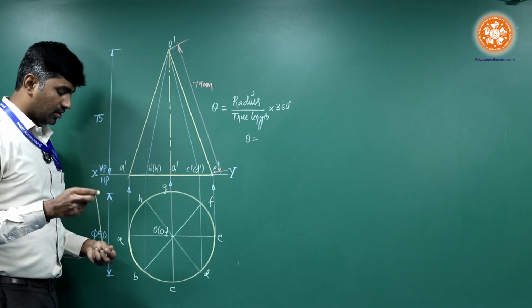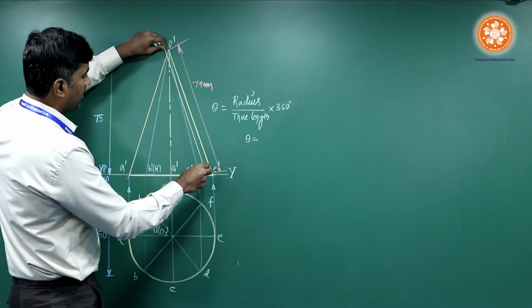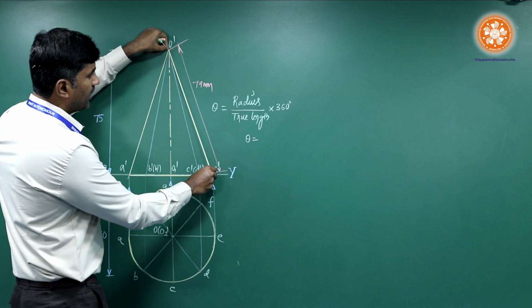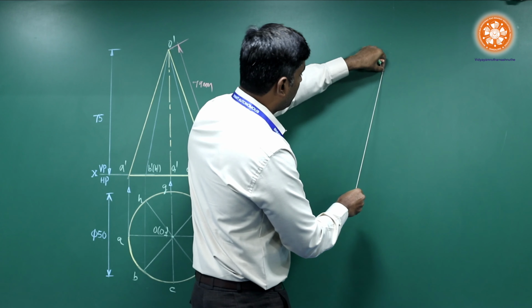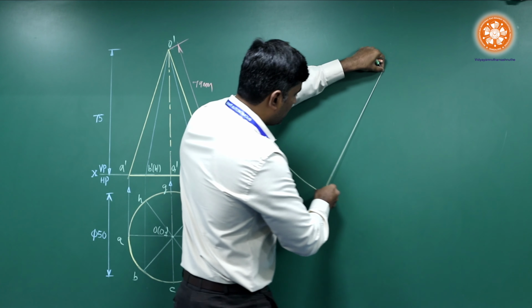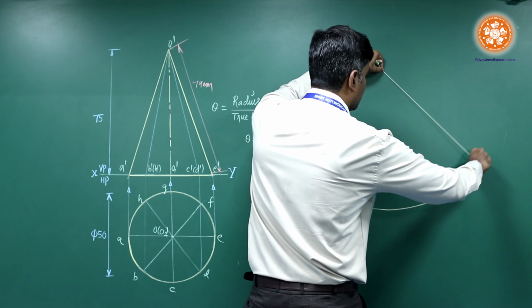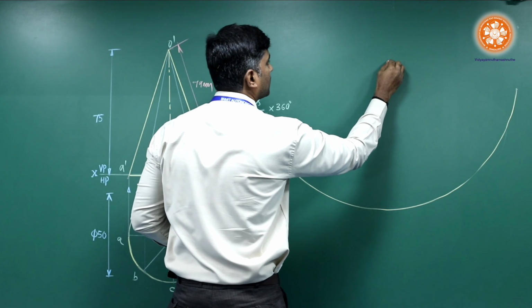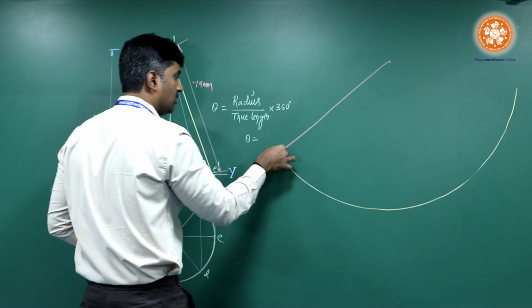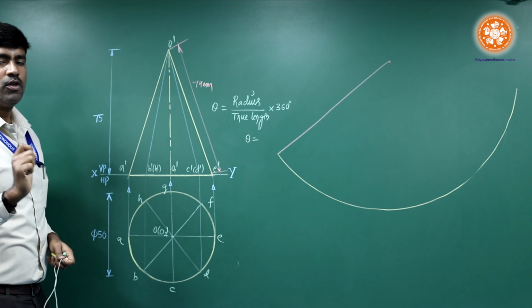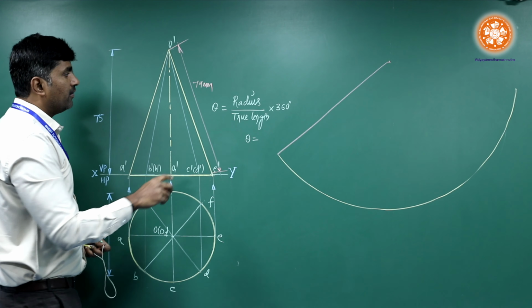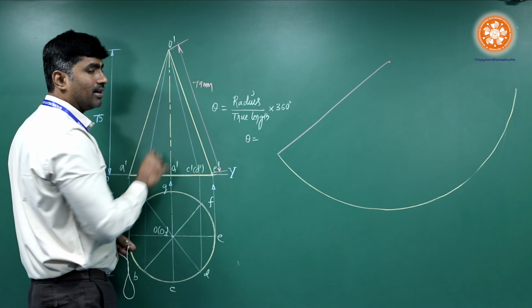So once the true length has been calculated, just measure from O dash to E dash, take one point conveniently and just cut this arc. Next, with that center, join this. The most important point here, what you need to observe, we need to calculate the theta.